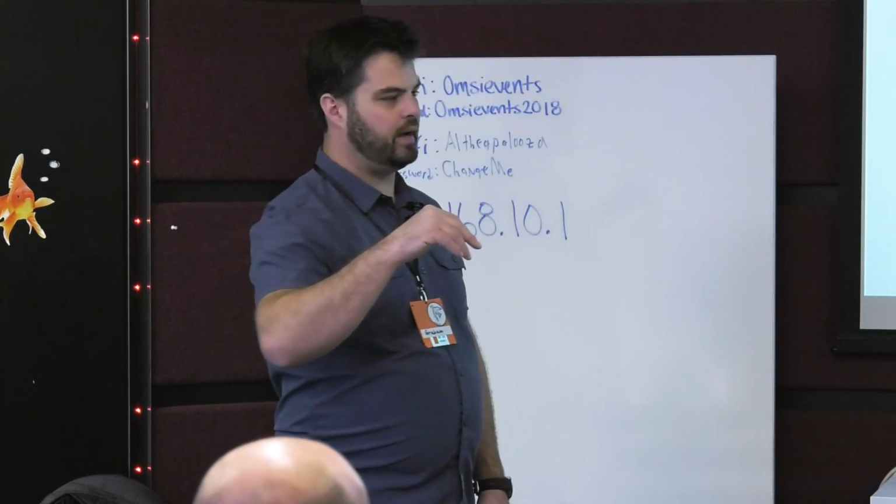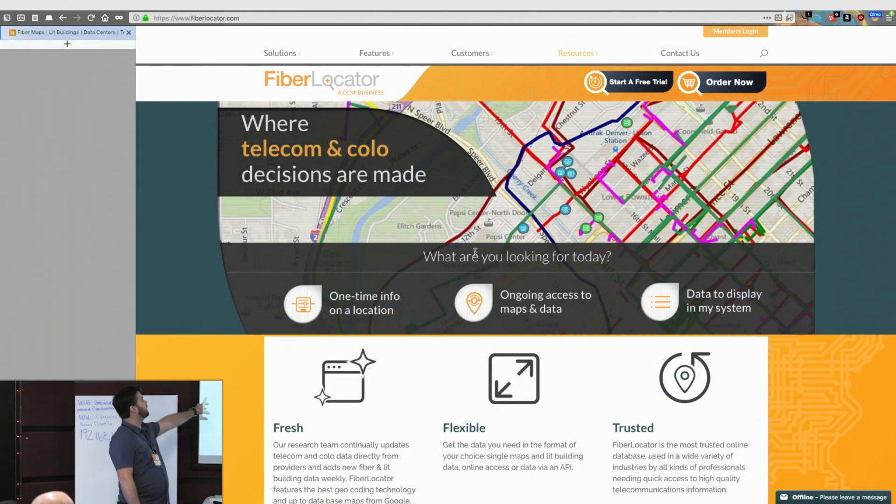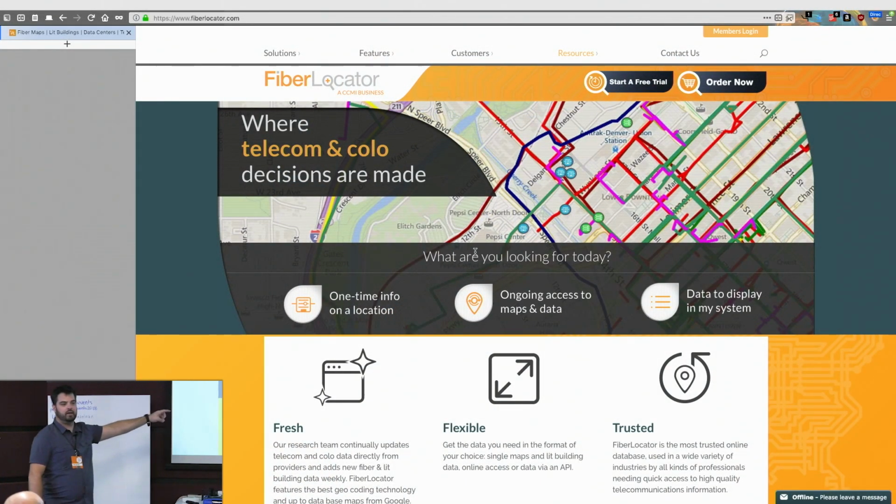One, I just wanted to point out, I've used this a lot before. This is a great resource. It's called fiberlocator.com. I don't have any relationship with them. It's just a helpful tool. And it has fiber maps from a lot of different providers. Not all providers, but a lot of them.